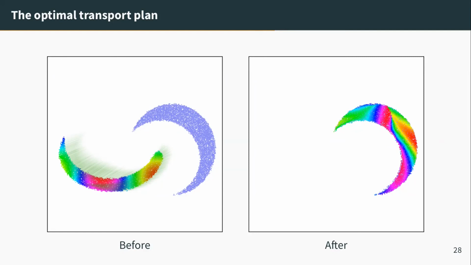The thing is that you should dampen your expectations. Just because you are smooth most of the time doesn't mean that you cannot have tearings. And with optimal transport, it's very well documented: the transport plan is not smooth everywhere. And I'm just telling this to you because I think it's not clear in the name.